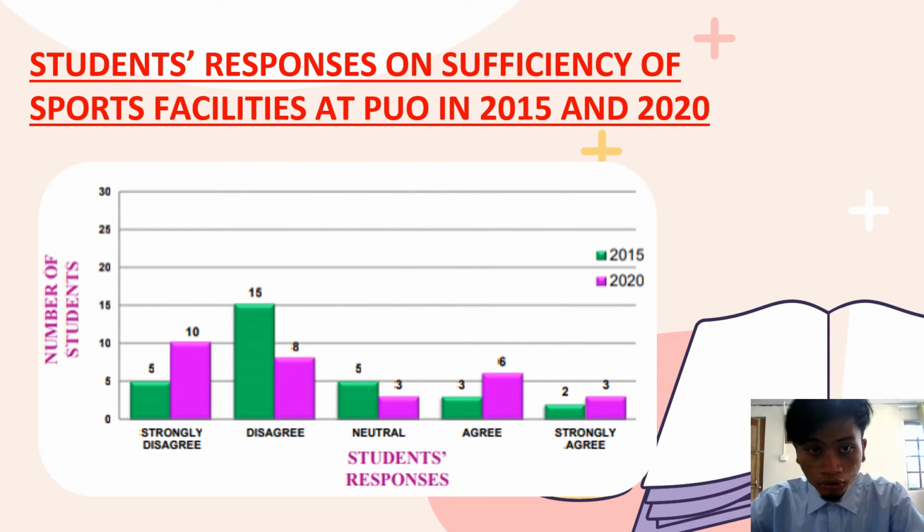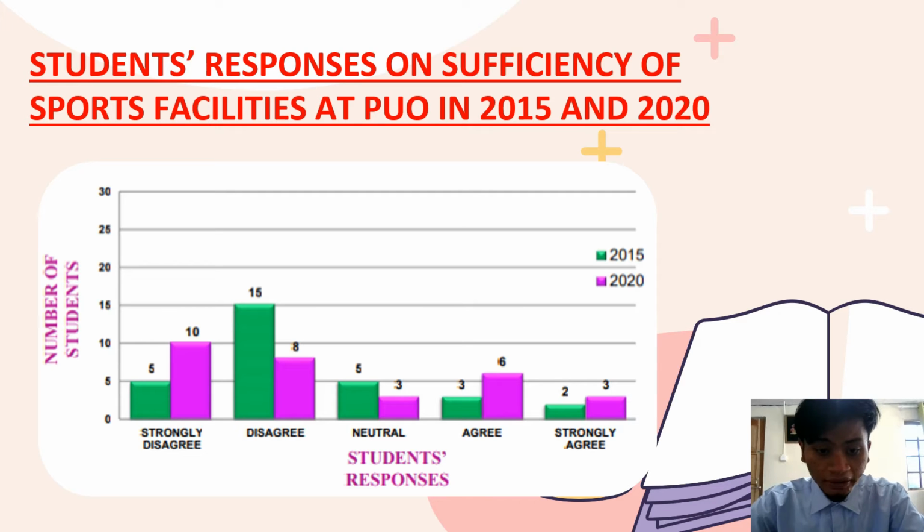Okay, right now we are going to discuss analyzing the graph. First of all, we should know about the title. From this class, the title is Student Respond on Sufficiency of Sport Facilities at PUO in 2015 and 2050.